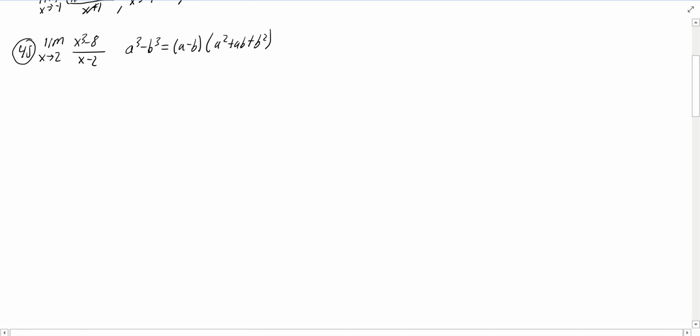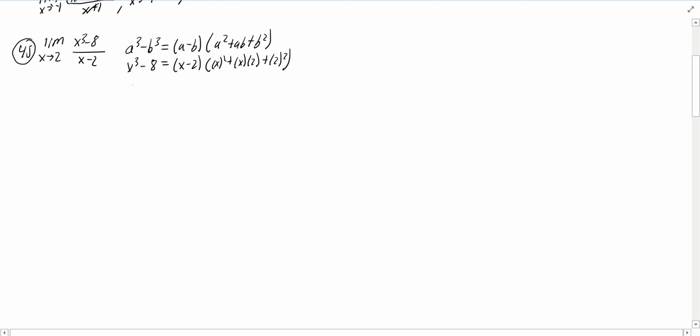Now, the way this formula applies in our case is our a variable is just x, because x cubed will give us, obviously, x cubed. And our b variable is 2, because 2 cubed will give us 8. So in this case, we're looking at x cubed minus 8 equals x minus 2 times x squared plus x times 2 plus 2 squared.